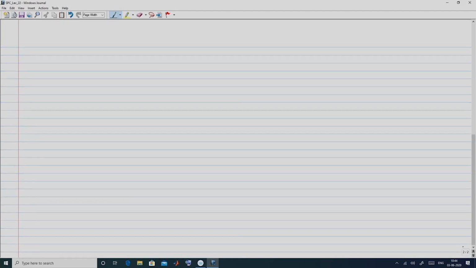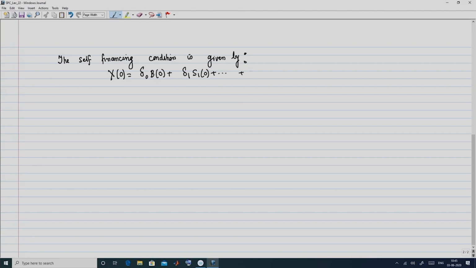All right. So, now once we have this set up, we can introduce what is known as the self-financing condition. Accordingly, the self-financing condition is given by x of 0 is equal to delta naught B of 0 plus delta 1 S1 of 0 all the way to delta n Sn of 0.